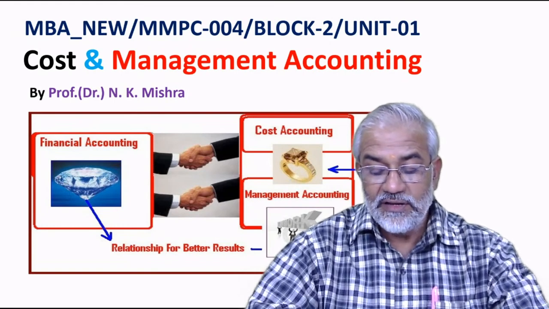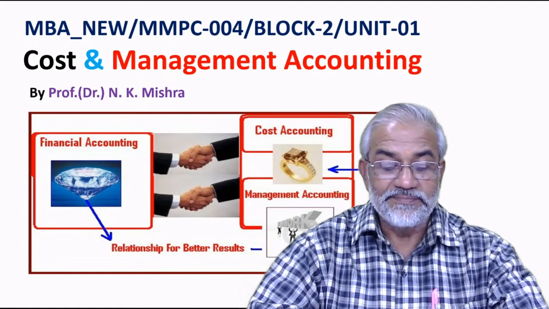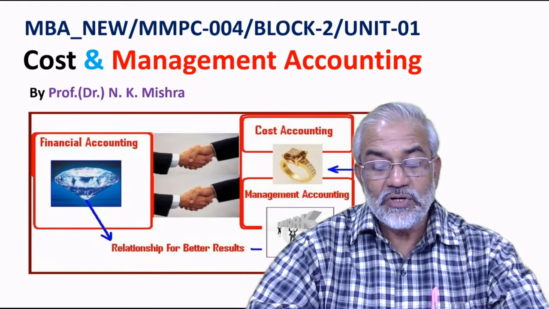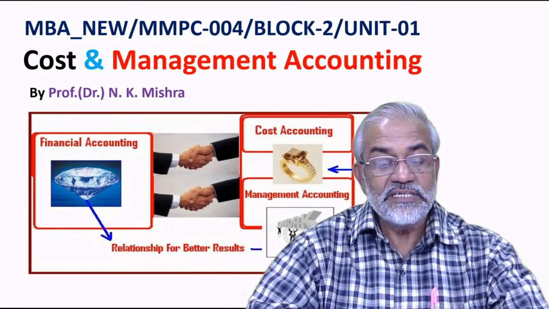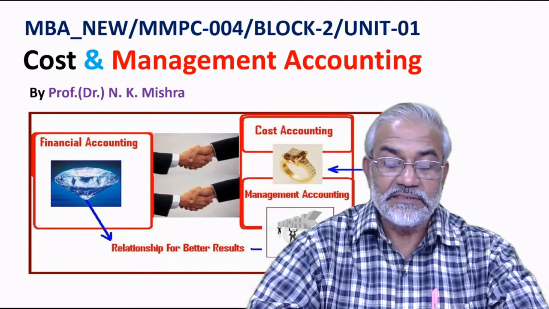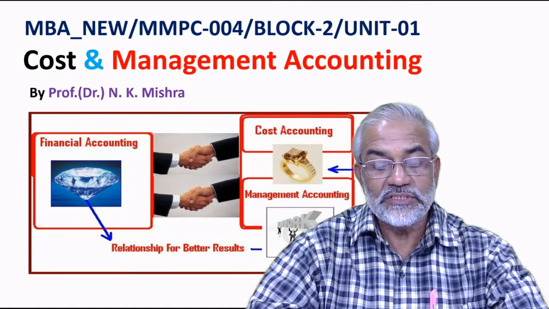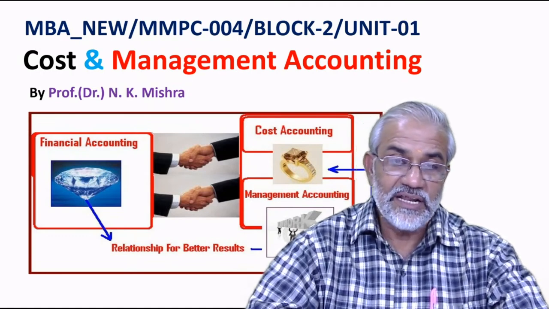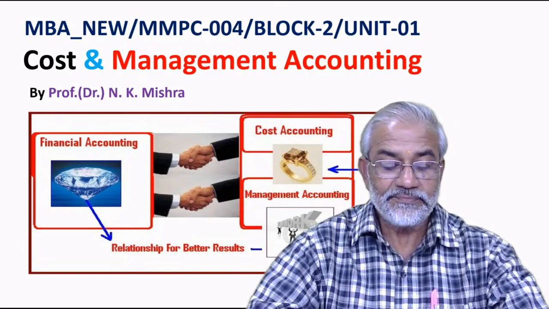It is otherwise called variable costing. In marginal costing, the variable costs are treated as a product cost and the fixed cost is treated as the period cost. But in absorption costing, both variable and fixed cost are treated as product cost. That's why it is considered as a demerit or a bottleneck in the system.